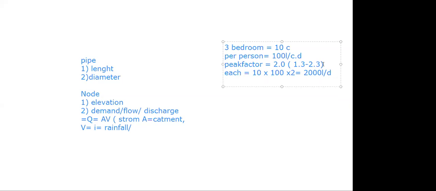Then if you now convert this to a unit that we can use with our charts, which is liters per second, it will be 2,000 divided by 24 times 60 times 60, which is just 86,400.